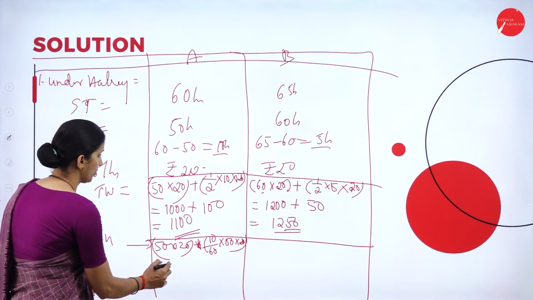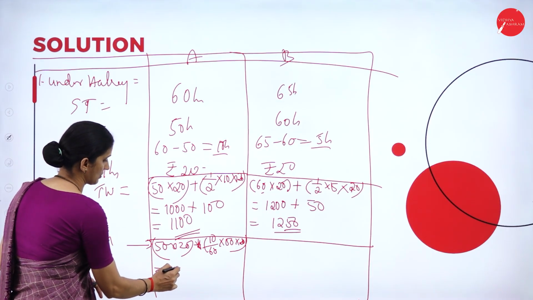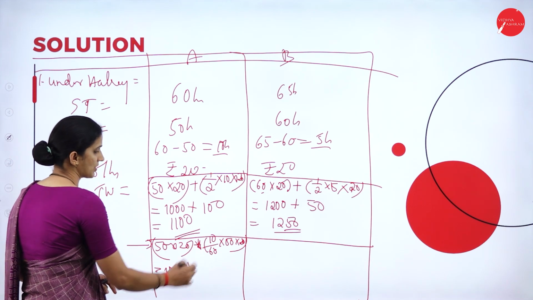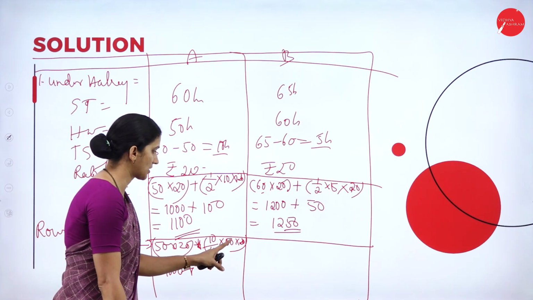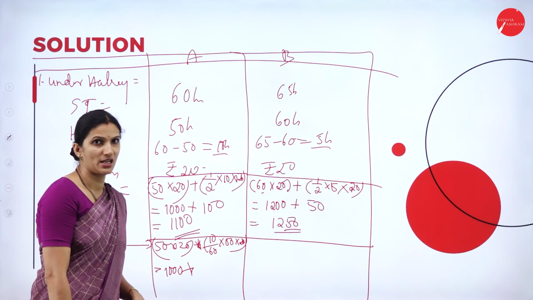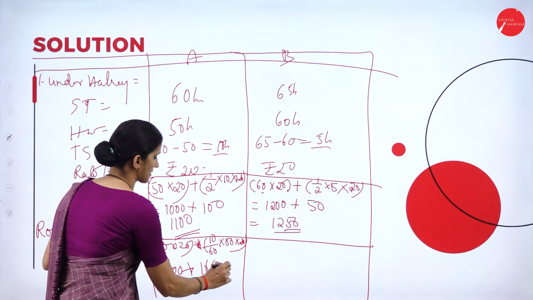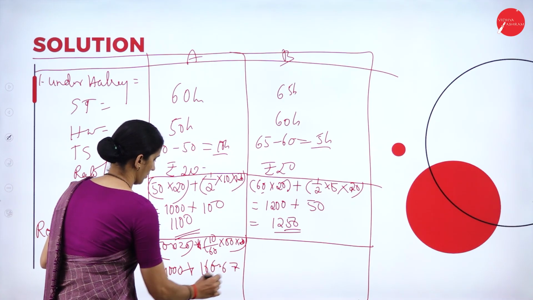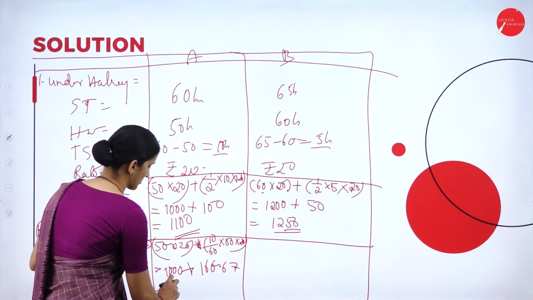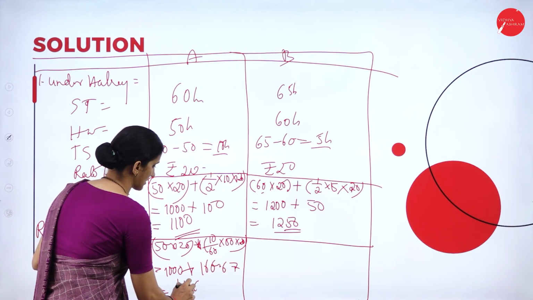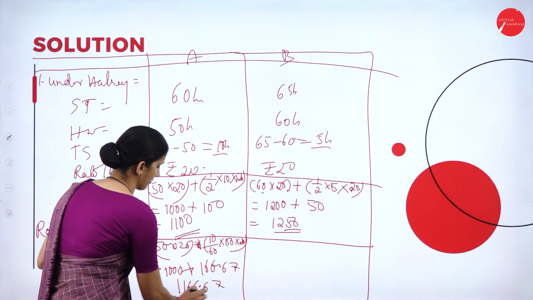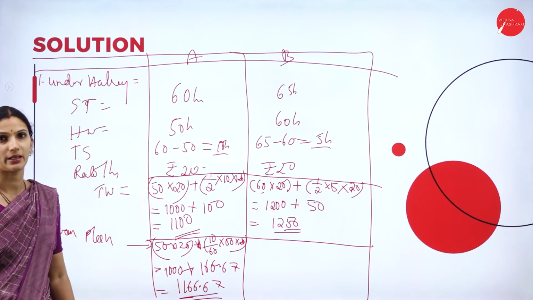So 50 into 20 is 1000, plus bonus, 10 into 50 into 20 by 60, that is 166.67. So the total wage under Rowan's plan is 1166.67. This is for worker A.